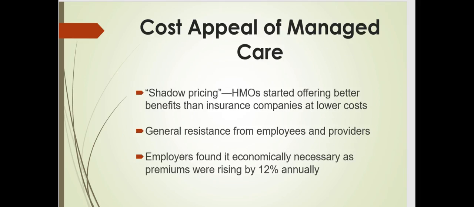Here we go. So we're looking at shadow pricing. That's HMOs started offering better benefits at lower costs, is essentially what it is. And then there was the general resistance from employees due to restricted choices and a resistance from providers due to the threat of lower incomes and external controls. Okay, so there was this general resistance from employees and providers.